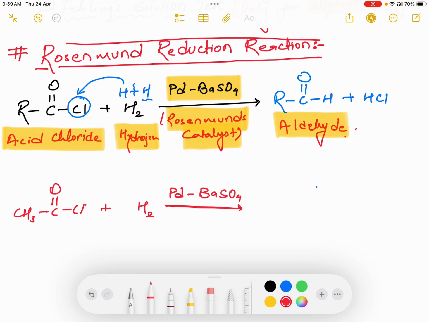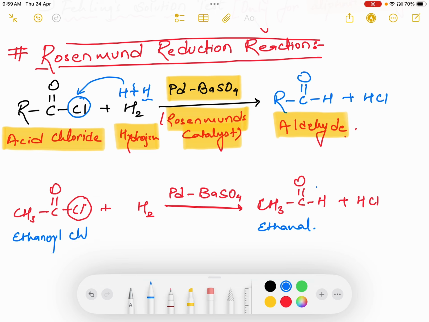Again the Cl is removed, and there will be formation of CH3 C double bond OH, along with the liberation of HCl. So this is your ethanal. Here we had acid chloride, or we can call it ethanoyl chloride. When it is treated with hydrogen in the presence of Pd-BaSO4, it gives us ethanal.